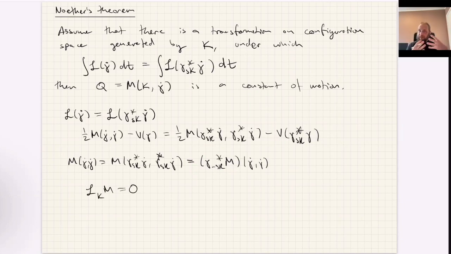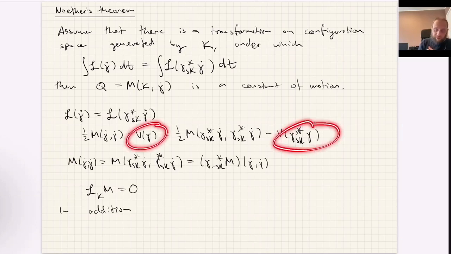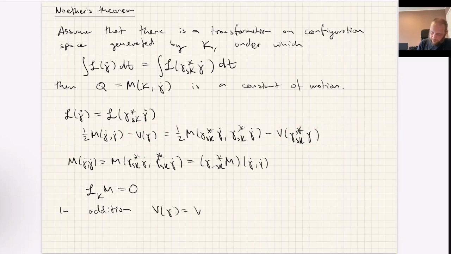So indeed, this K is a Killing field of what is called the kinematic metric, this m. But in addition, the potential terms must also be equivalent. So we have V of gamma must be equal to V of the pullback of gamma. We can do the same thing here.